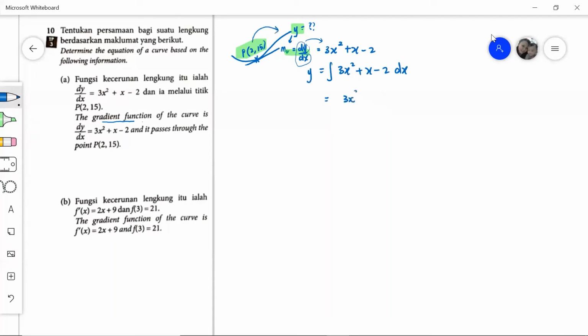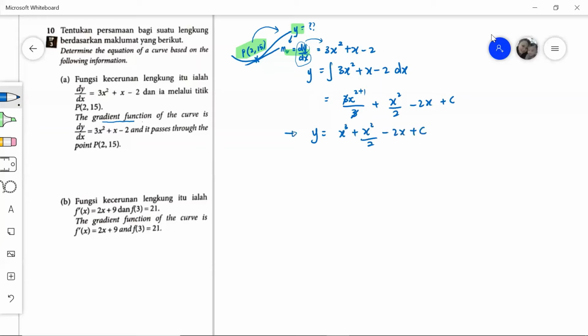We copy the whole term and increase the power by 1, divided by the new power: x cubed plus x squared divided by 2 minus 2x plus c. Let's simplify this. Therefore, the equation of the curve will be y equals x cubed plus x squared over 2 minus 2x plus c.